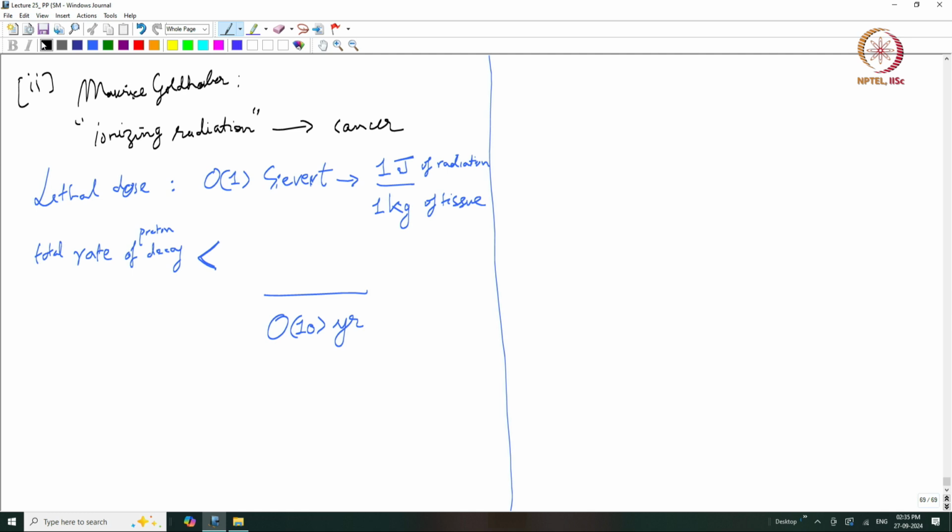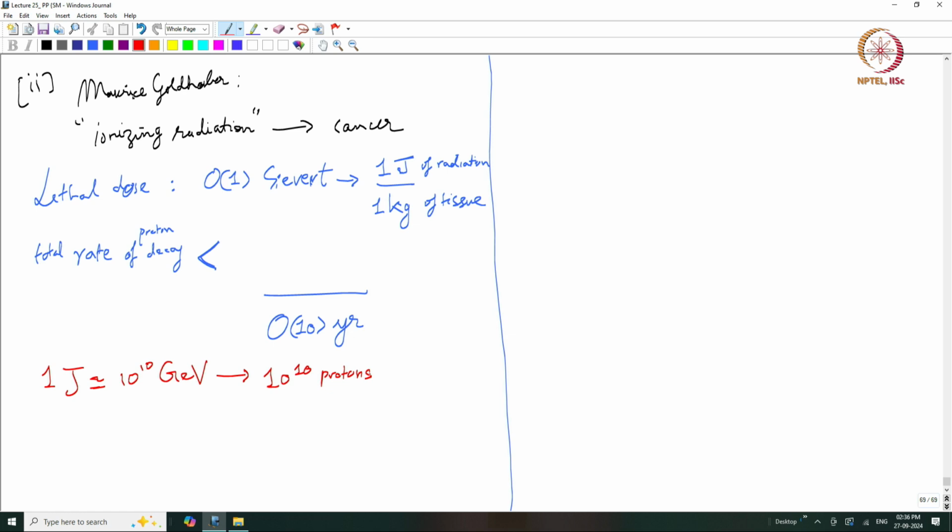And for that, I am going to give you a unit conversion. 1 joule is about 10 power 10 GeV. Now, proton is around a GeV, that means that corresponds to 10 power 10 protons.